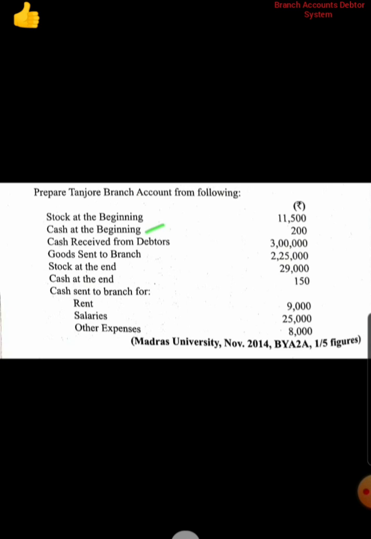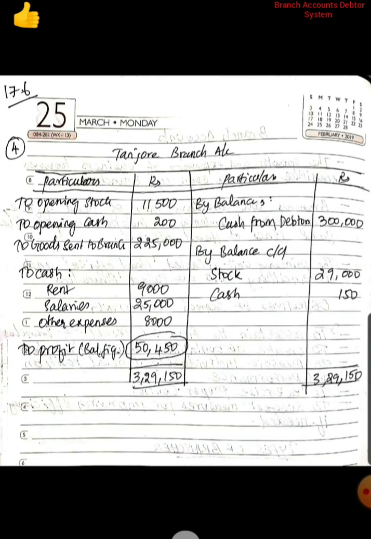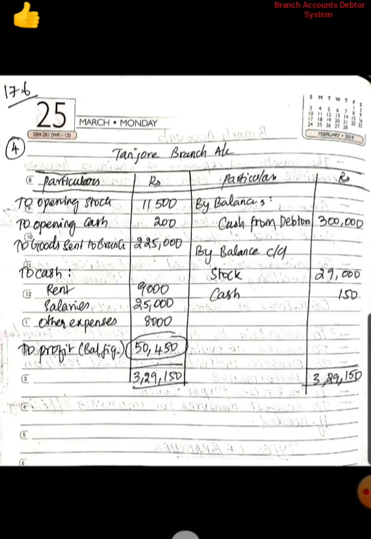Cash balance at the beginning is 200. Again, this is also an opening asset, so please record this on the debit side, 200. Next, we have cash received from debtors, that is 3 lakh. This will go to the credit side.